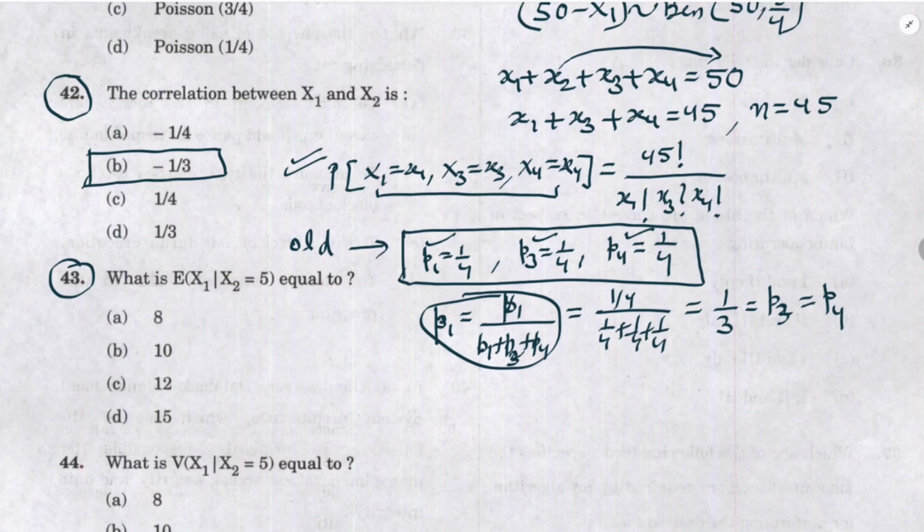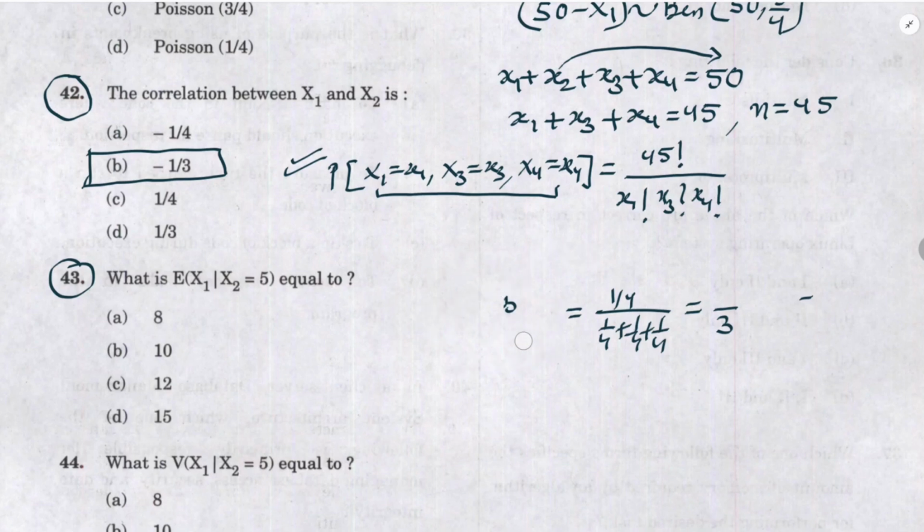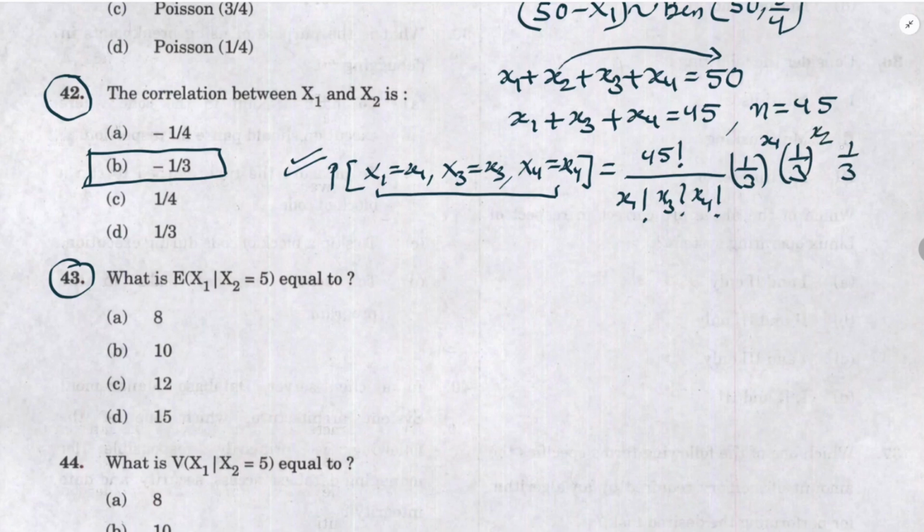We have 3 variables, so each variable will have probability 1 by 3, and the sum will be equal to 1. So here we will have 1 upon 3 to the power x1, 1 upon 3 to the power x3, 1 upon 3 to the power x4.